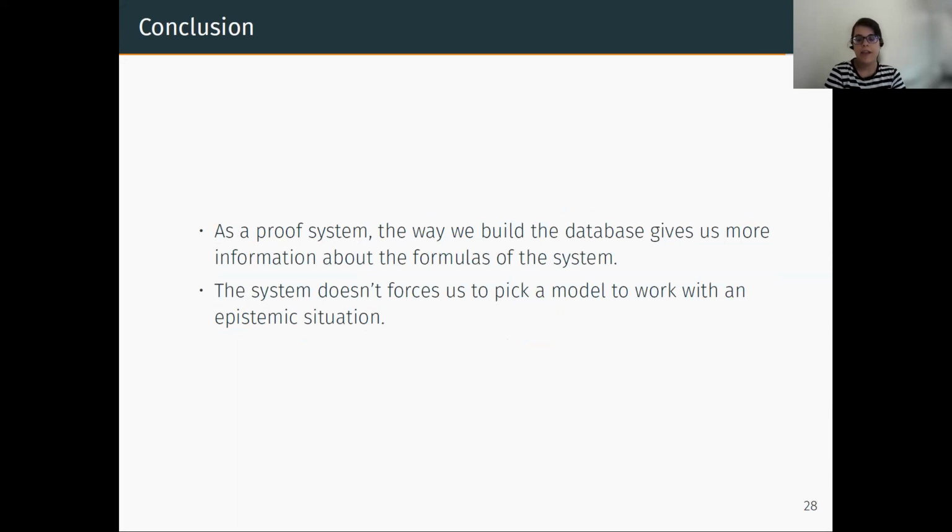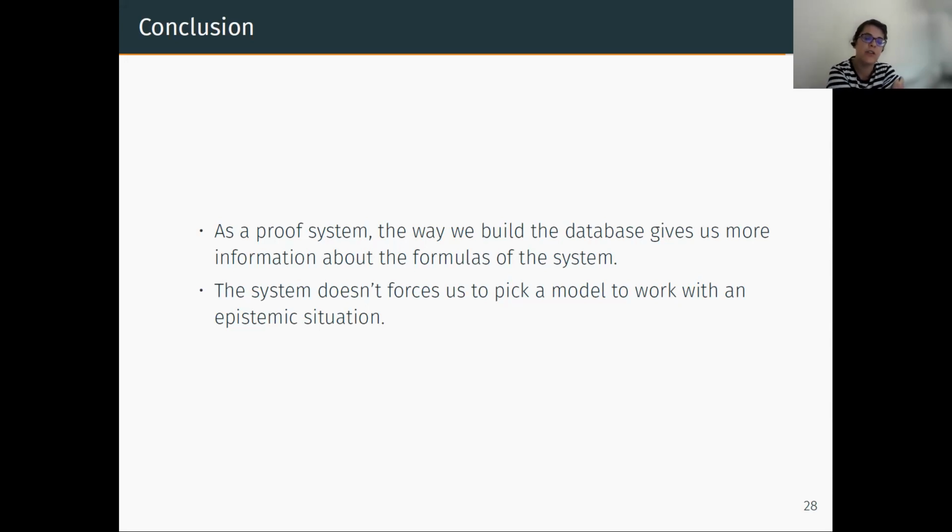I think this particular type of system can be quite interesting to work on because, since we have a labelled proof system, we actually have more information in the system. We have information about in which states those formulas hold.